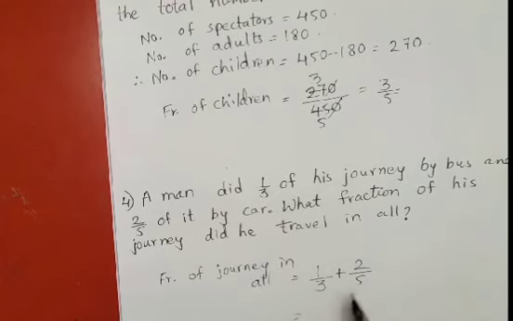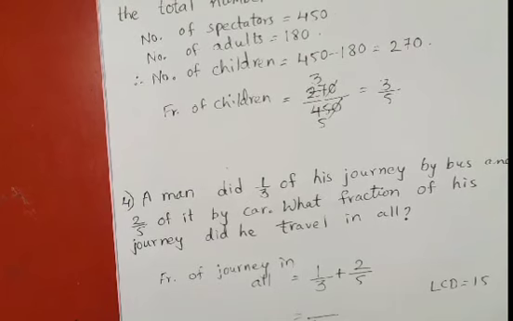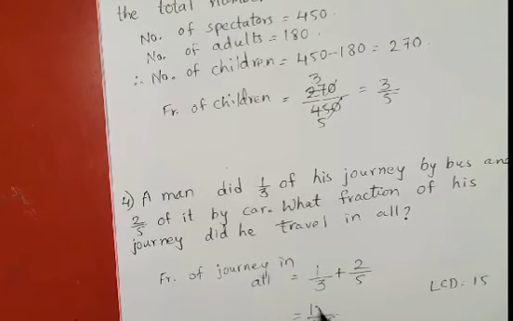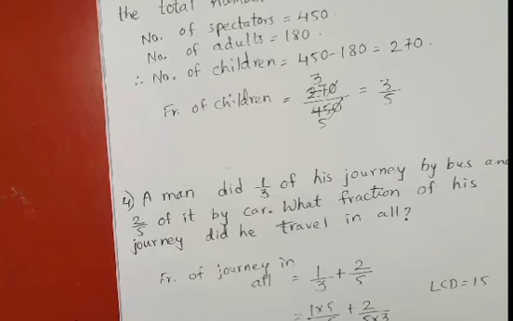So here the denominators are not equal, so we have to take out the LCD, which will be 15. So here 3 times 5 is 15, and the same we do for the numerator, 1 times 5, and here 5 times 3 is 15, and the same number we have to multiply in the numerator.